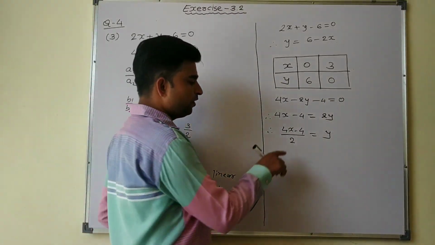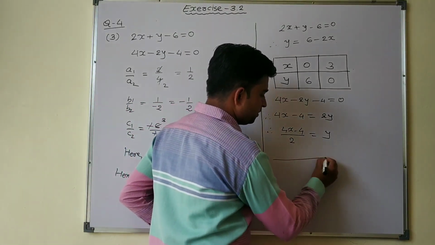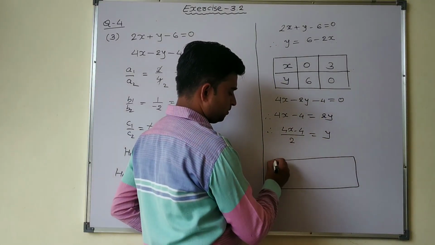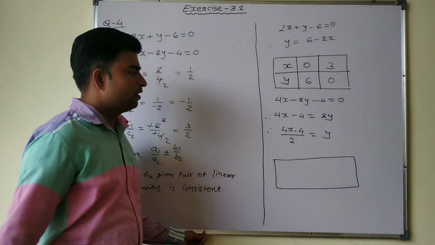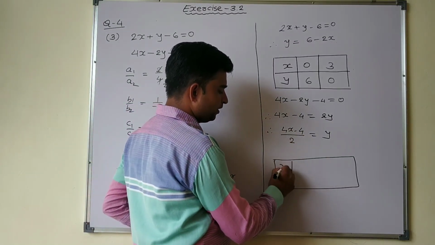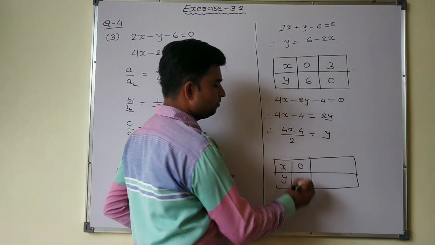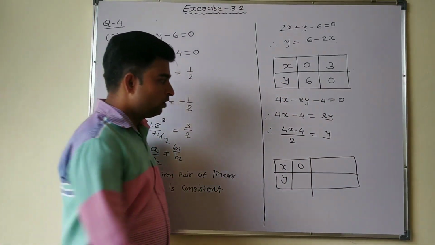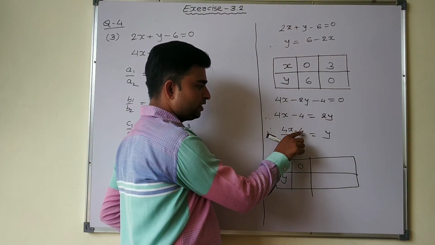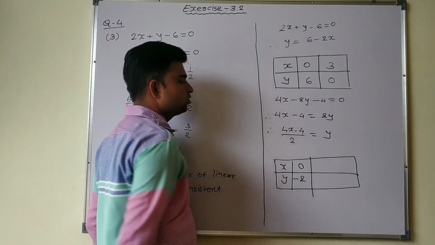Here we take different values of x, and corresponding to that we get the value of y. Okay, if we take x equal to 0, then 4 multiply 0 is 0, and here we have minus 4 and upon 2, so its value becomes minus 2.